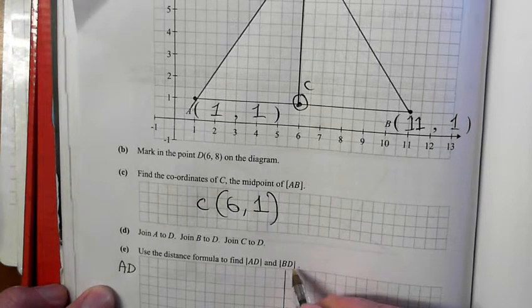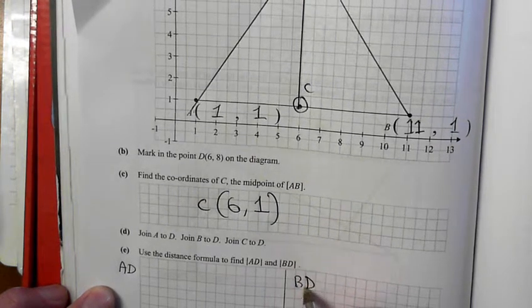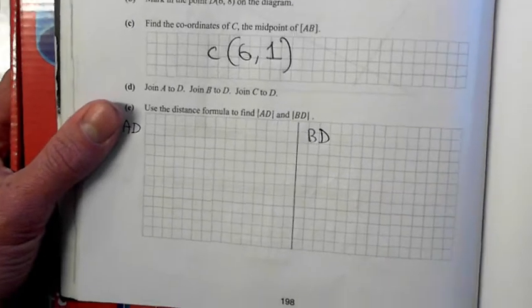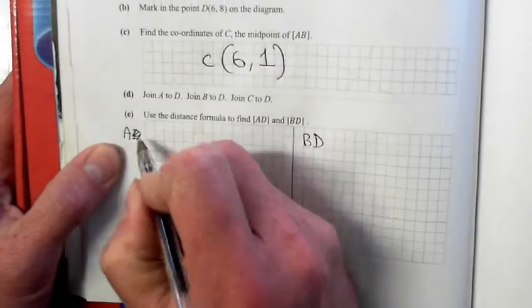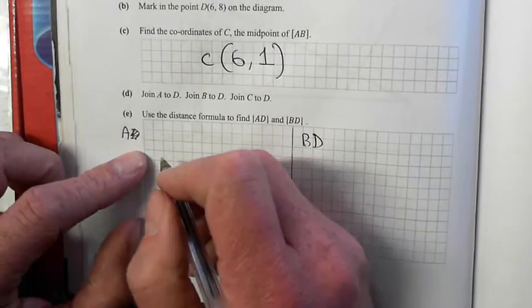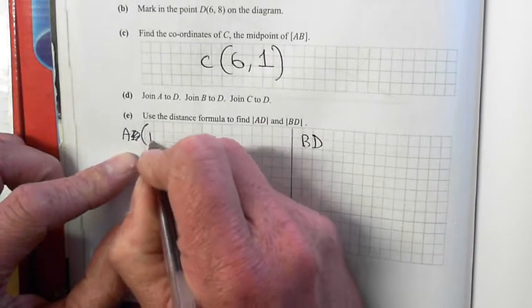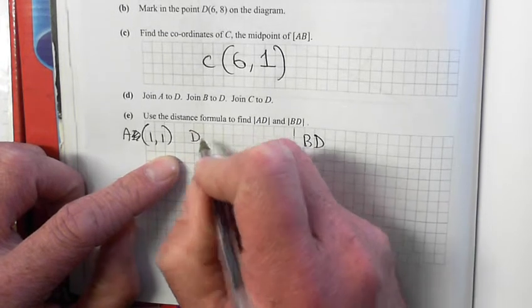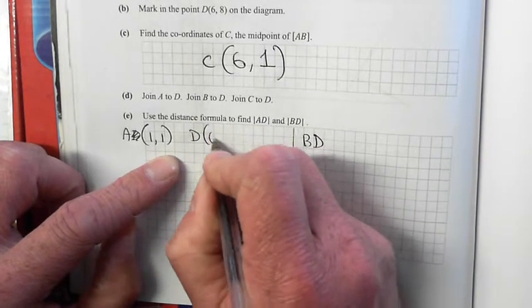Right, are you watching? Are you looking up? We'll write down what A is first. So A is 1, 1, and then D was 6, 8.